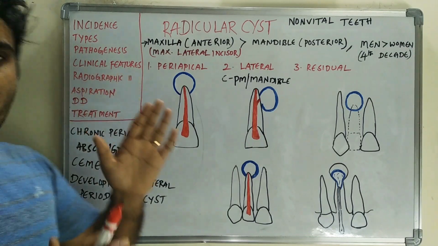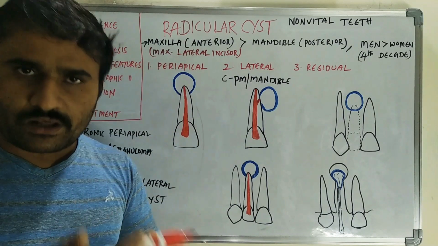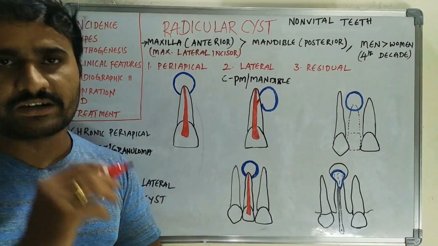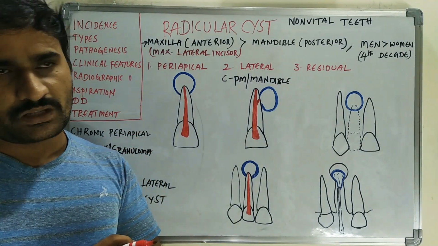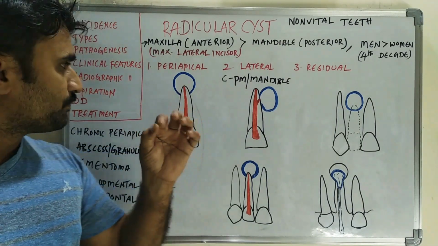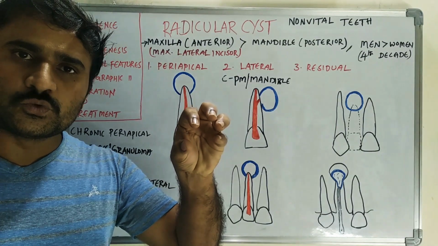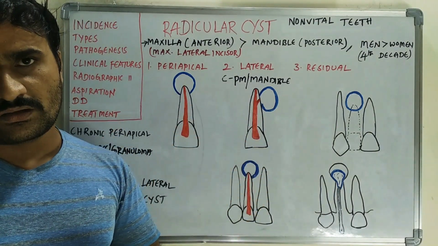Then coming to the radiographic feature, as we have discussed, a unilocular radiolucency with a well-defined border, like a cortical border, right? That is the most common feature. One important thing is this radiolucency is attached to, or in continuity with, the lamina dura of the root.